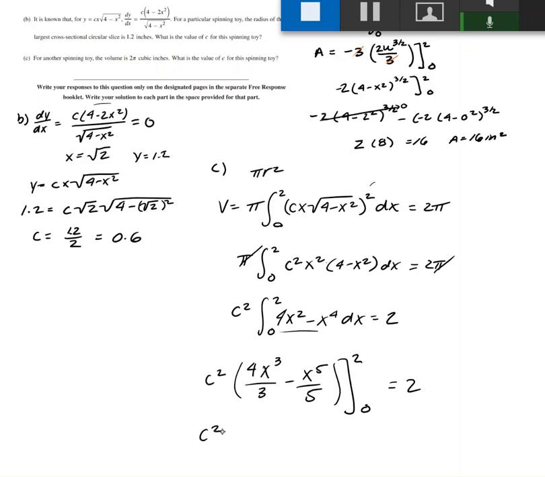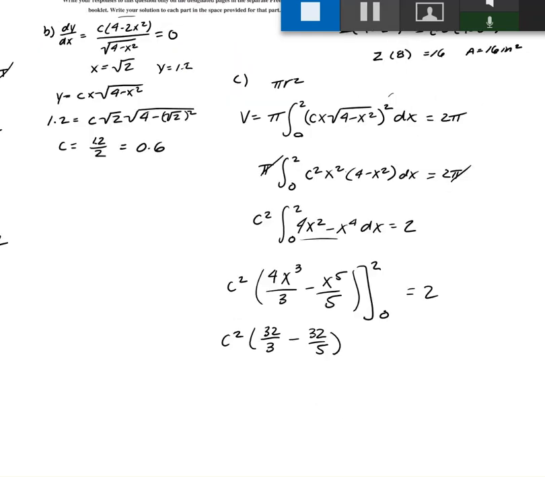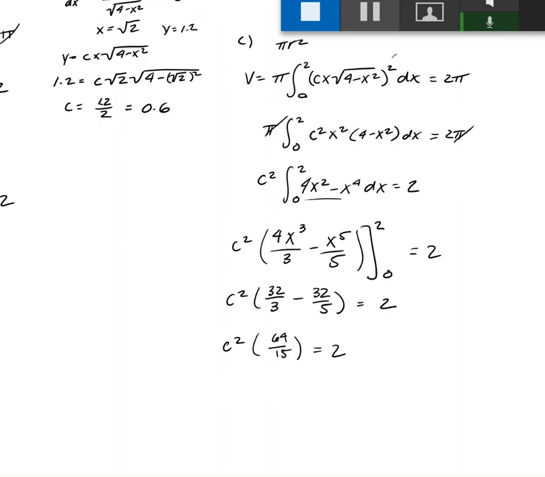So that's going to leave us with c squared times 32 over 3 minus 32 over 5. And if we simplify that, that will leave us with 64 over 15. And we're solving for c, so it's going to be c squared equals 30 over 64. And then if we square root both sides, c equals the square root of 30 over 8. And that is our answer.